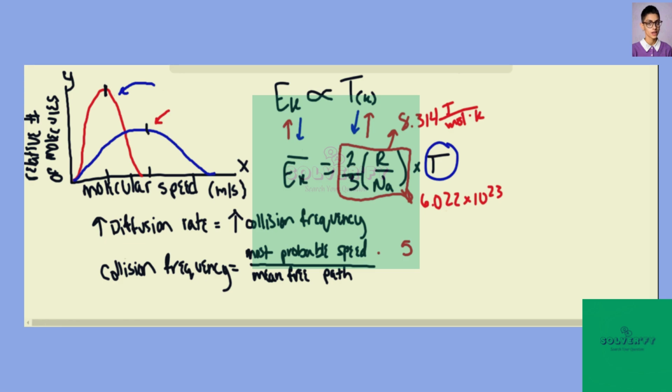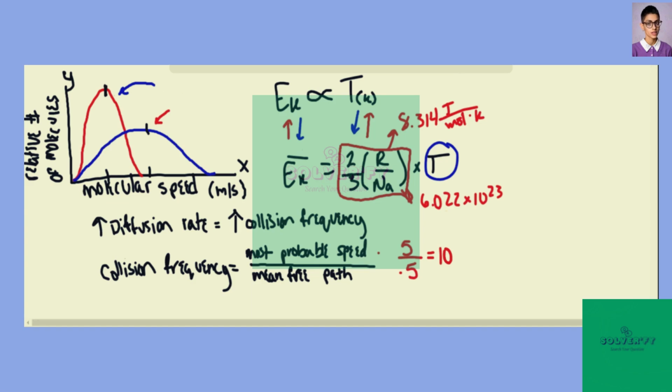So 5 is our most probable speed divided by, since mean free path is usually a small number less than 1, we'll use something simple like 0.5. So if we divide 5 by 0.5, we'll end up with 10. So a simple arbitrary number like 10 for our collision frequency. In reality, this number will be a lot higher.